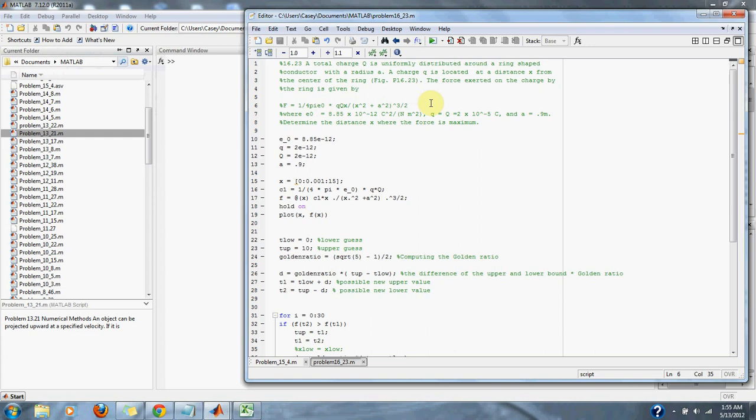Q equals big Q, which equals 2 times 10 to the negative 5th C, and A equals 0.9 meters. Determine the distance x where the force is maximum.